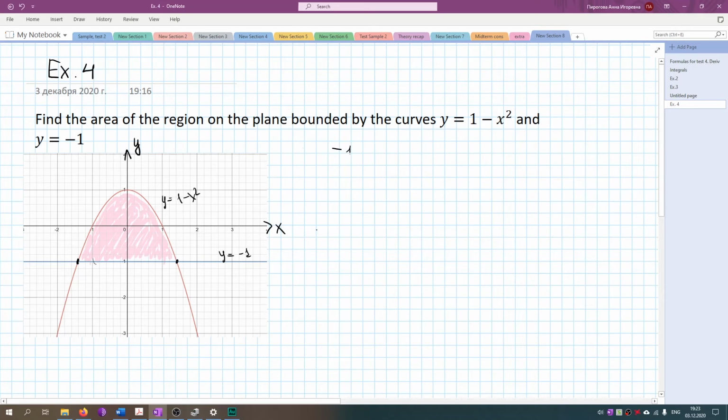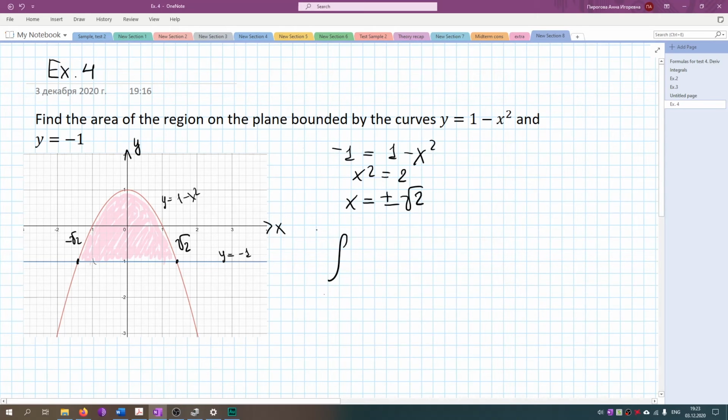So minus 1 is equal to 1 minus x squared. x squared is equal to 2, and x is equal to plus minus square root of 2, and these are the boundaries of the integral that we will take now.